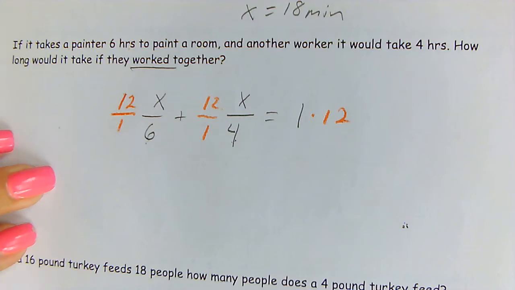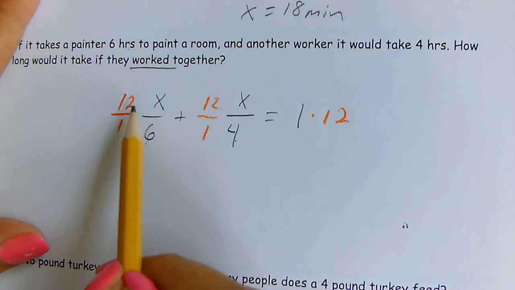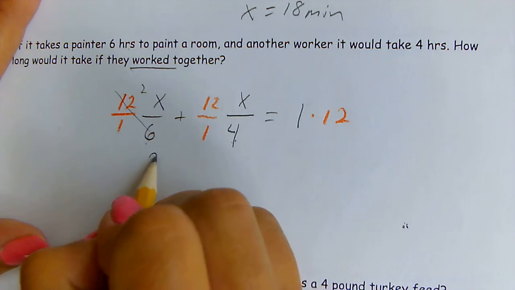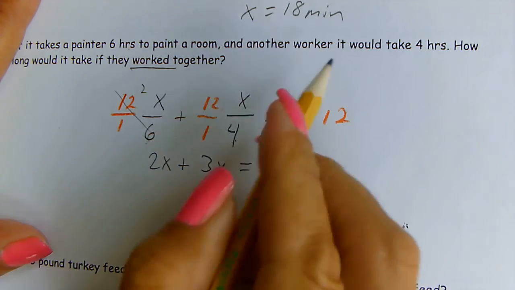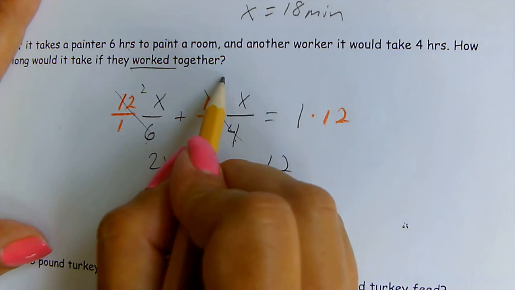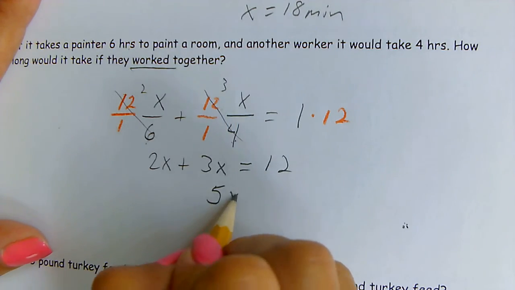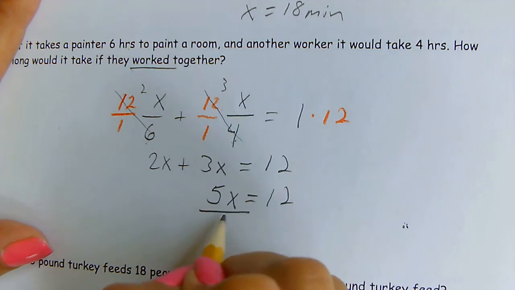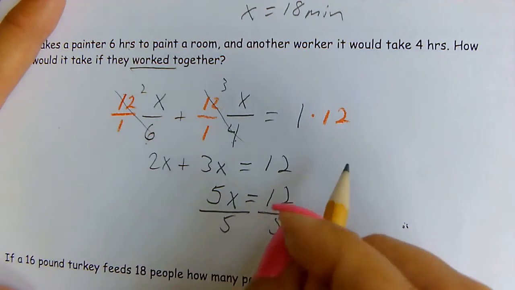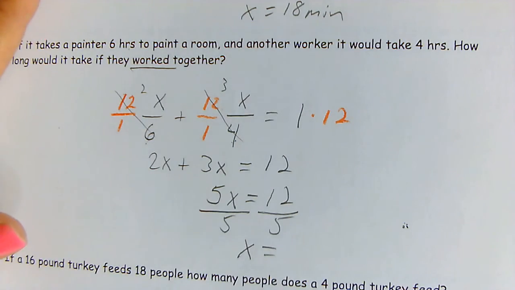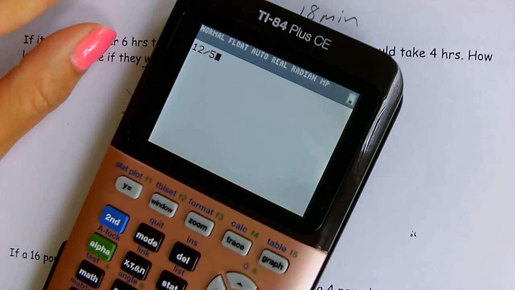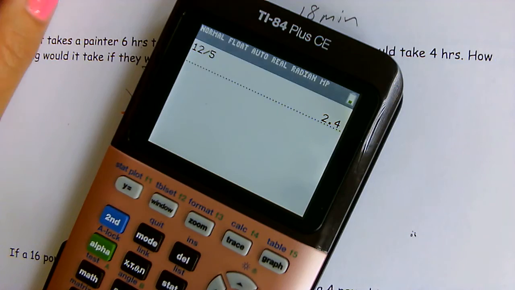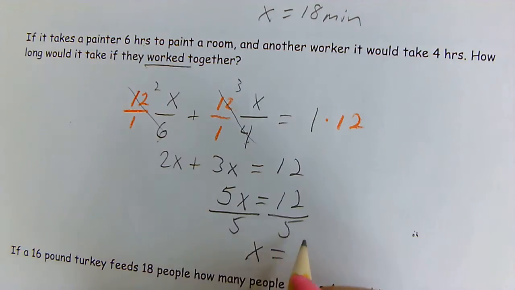I'm going to multiply everything by 12. 2x plus 3x equals 12. Divided by 5 is going to be 2.4 hours.